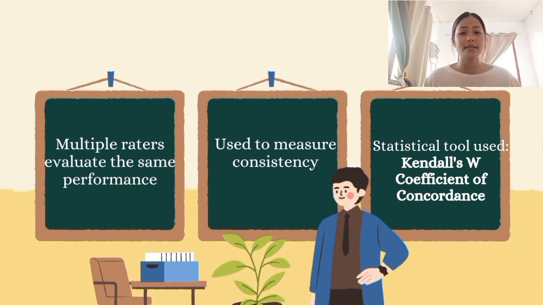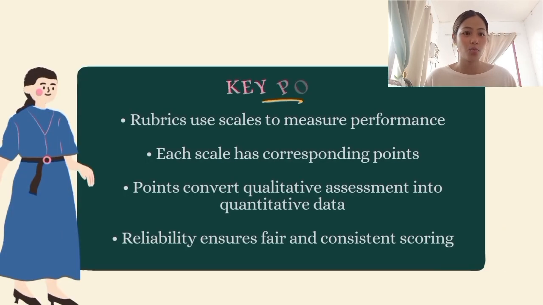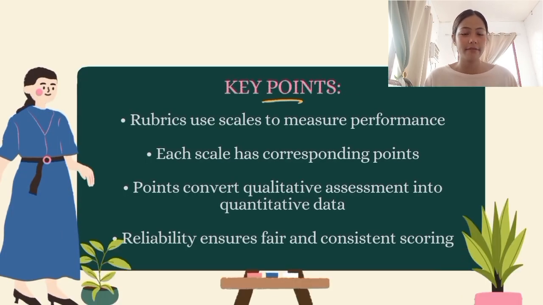One statistical method used to measure agreement among raters is called Kendall's W coefficient of concordance. This method helps determine whether the ratings given by different observers are consistent with one another.